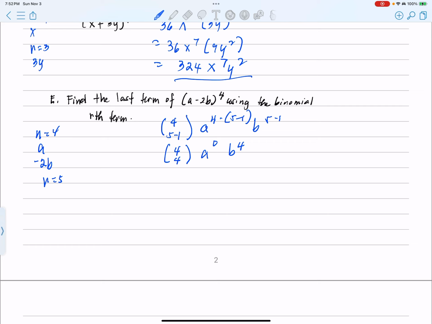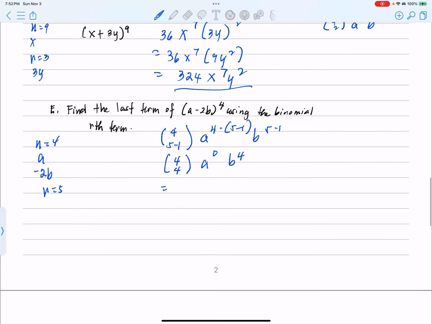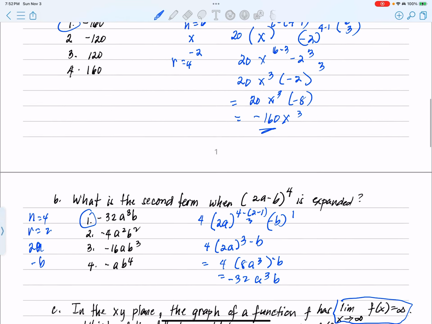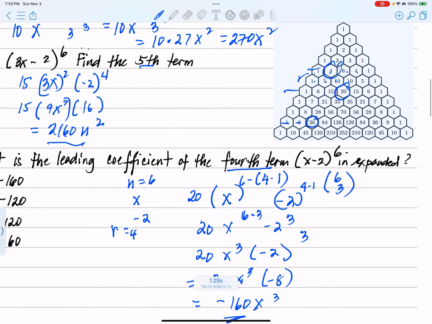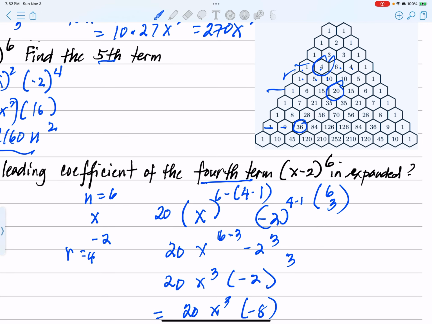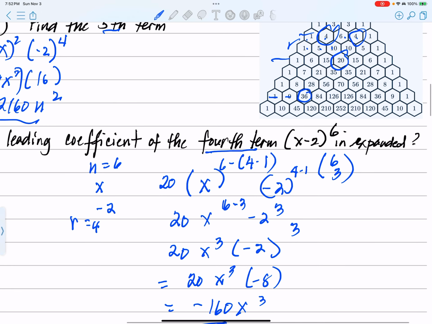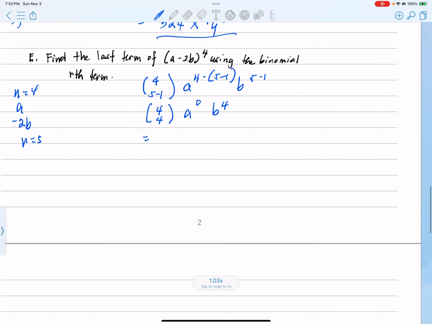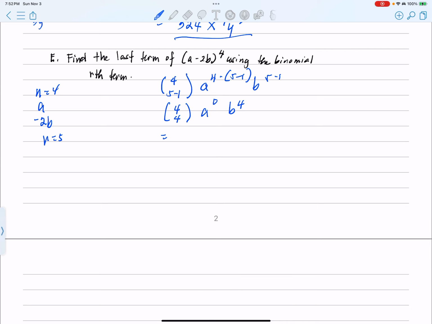So what is 4 choose 4 in Pascal's triangle? 4 choose 4. Where is the 4th here? 1, 2, 3, 4, right there. Okay. So that would be 16. a to the first is 1, times b to the 4th.